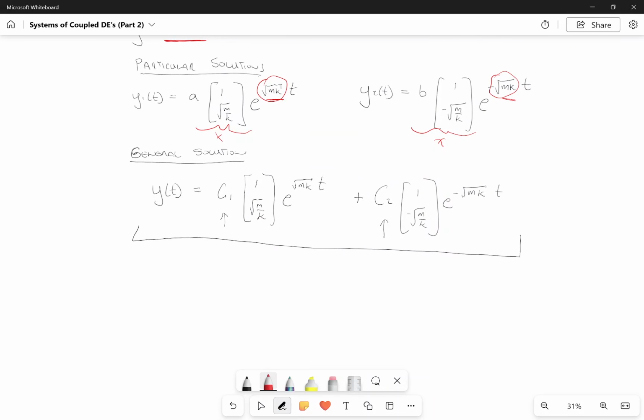The general solution is the linear combination, the scaled sum of the 2 particular solutions. And if we want to find C1 and C2, we need initial conditions. For now, I'm going to stop there for this demonstration. Okay, see you next time in math class.